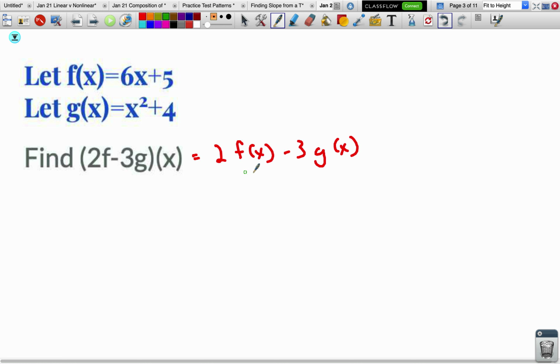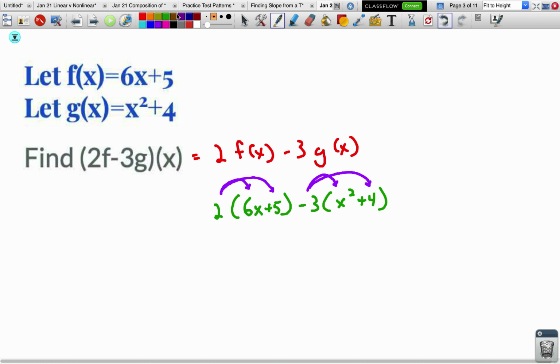Now I can replace f of x and g of x with their expressions. So 2 times 6x plus 5 minus 3 times x squared plus 4. And I can distribute in the 2. I could distribute in the negative 3. And I get 12x plus 10 minus 3x squared minus 12.